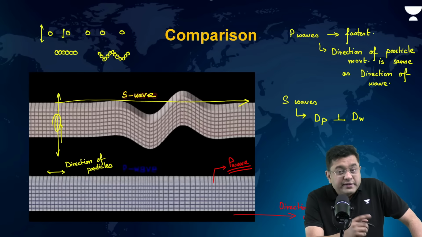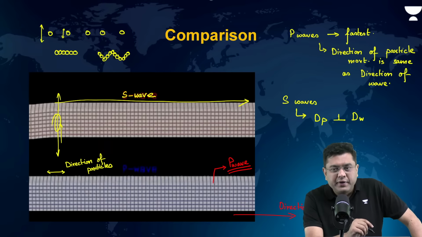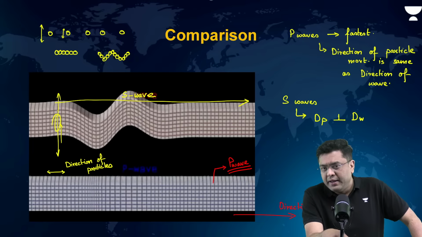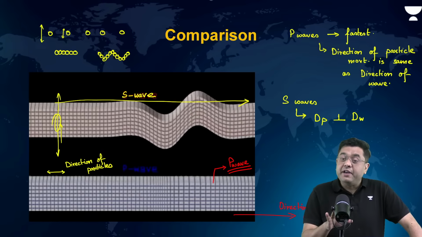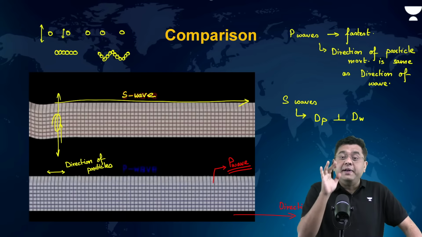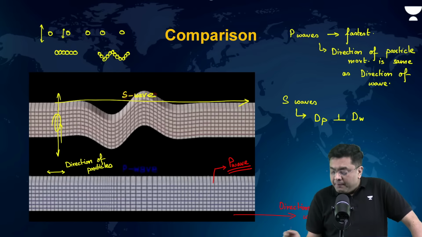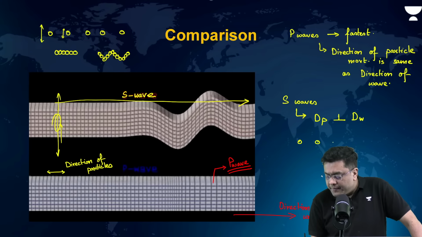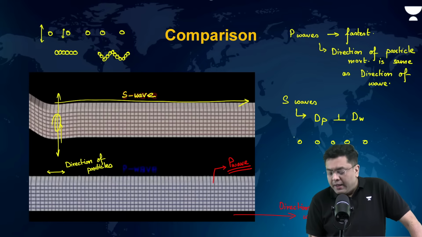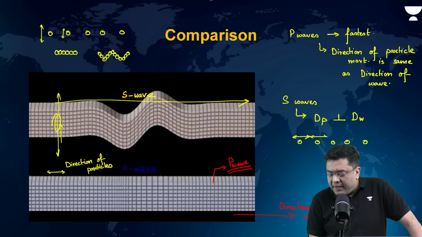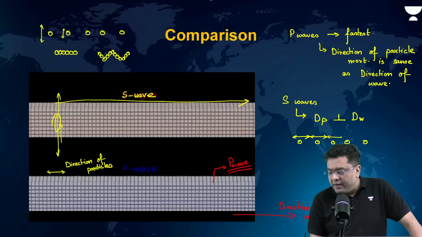Isn't it? That is why S waves are not able to travel through a liquid medium, whereas P waves will be able to travel through a liquid medium also. Why? Because in liquid, particles are far away, but if this portion gets disturbed like this, the second particle will be hit, the third particle will be hit.